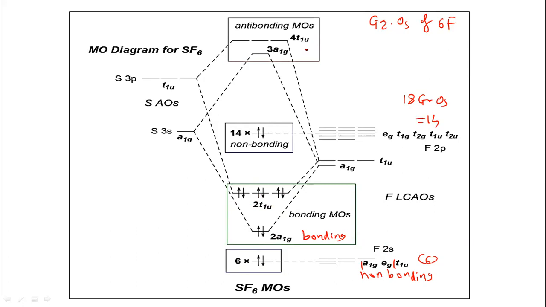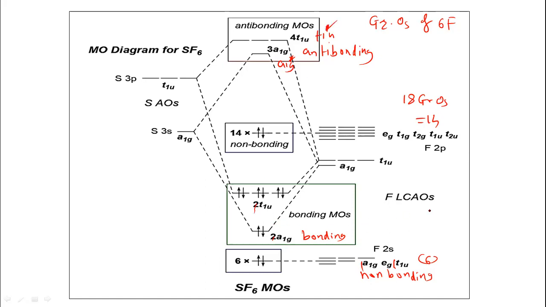This is anti-bonding; the 2 and 3 are symbols given here, don't be confused. Or simply we can write A1G star, that is also correct. This is A1G, A1G star. This is T1U, T1U star. Bonding, anti-bonding. 4 T1U or T1U star is the anti-bonding molecular orbital.